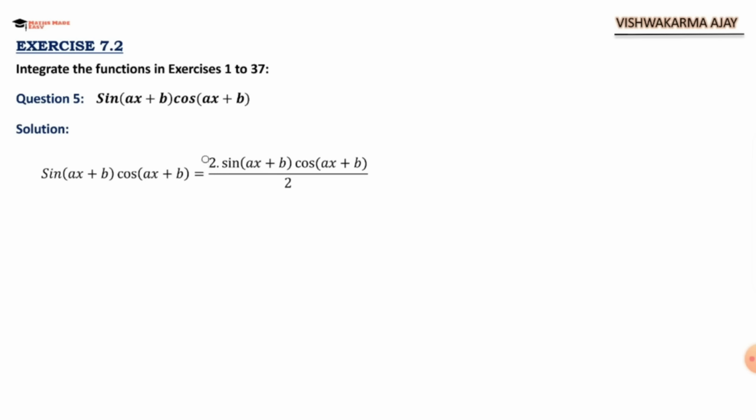What I did here, I multiplied my equation by 2 and divided by 2. Now this looks like the formula of sin a cos a, which is equal to sin 2a, 2 sin a cos a.